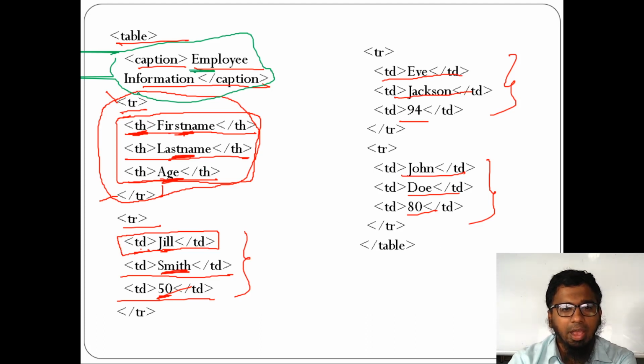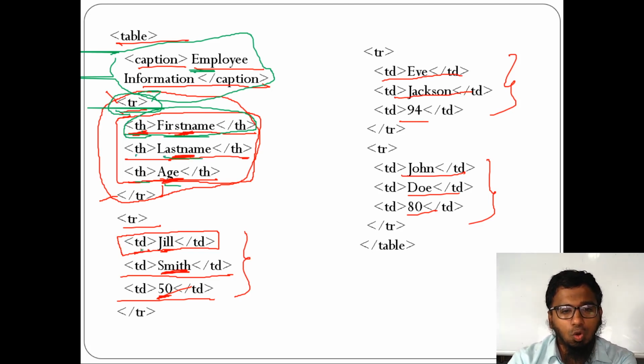Okay, table caption. So TR, TH, first name, last name. Whatever you are writing in the table row, we are using the table heading, and table heading will be only one. One time you need to write TH first name, TH last name, TH age.